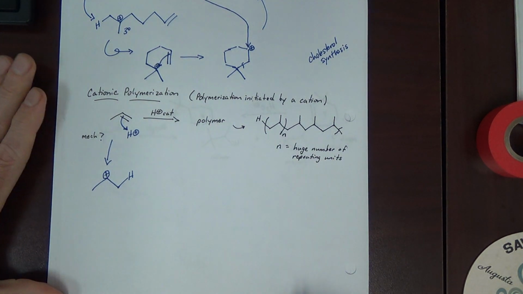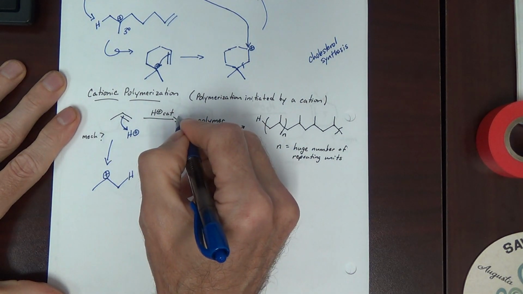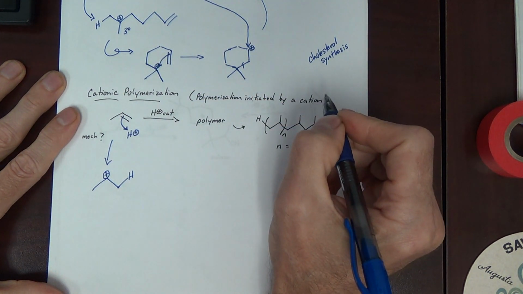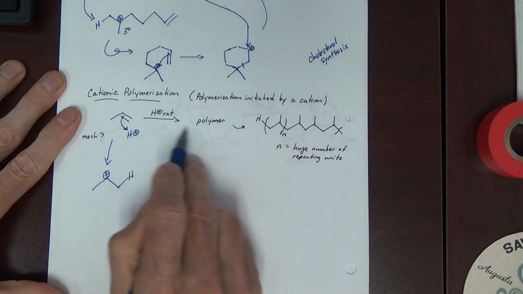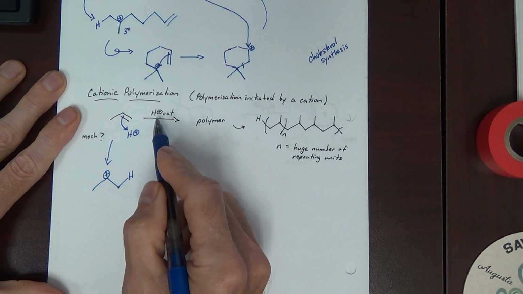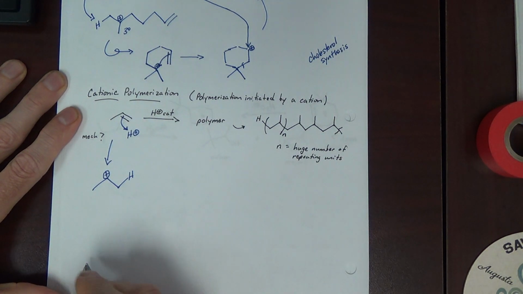What can attack the carbocation now? Note there's no anion here. Well, there has to be one. You can't just add in H plus. If we used HBr or HCl or HI, the anion would attack here. Okay?